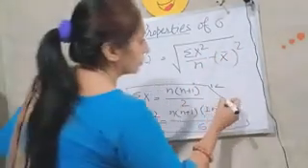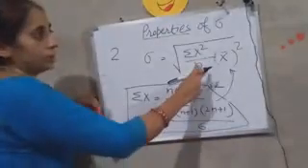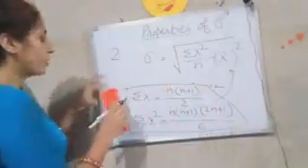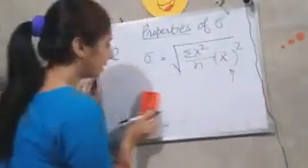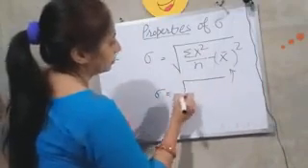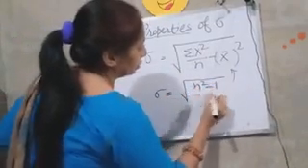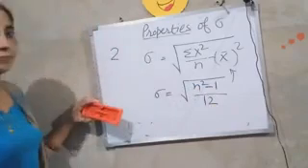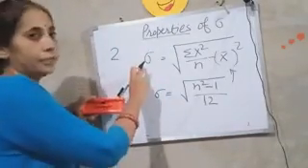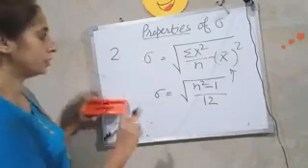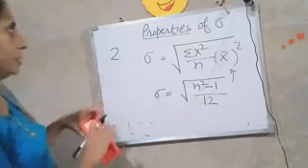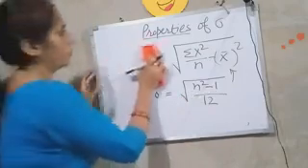If I keep all the values in this formula and process it mathematically, then finally we will have sigma is equal to square root of n square minus 1 by 12. Okay, so this is the second property, that the standard deviation of the first n natural numbers will always be square root of n square minus 1 by 12.